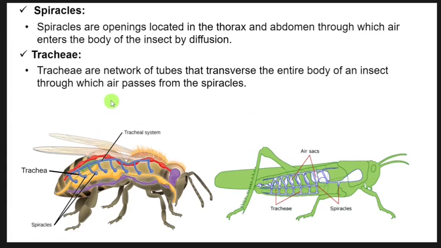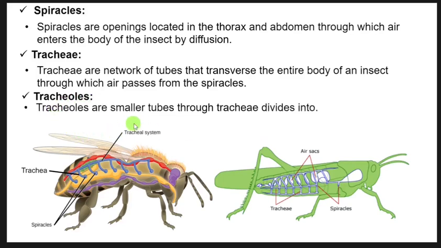Apart from the trachea, we have the tracheals. Tracheals are smaller tubes into which the trachea divides. When the trachea goes inside the insect, it divides into smaller tubes, and those smaller tubes are what we call the tracheals.